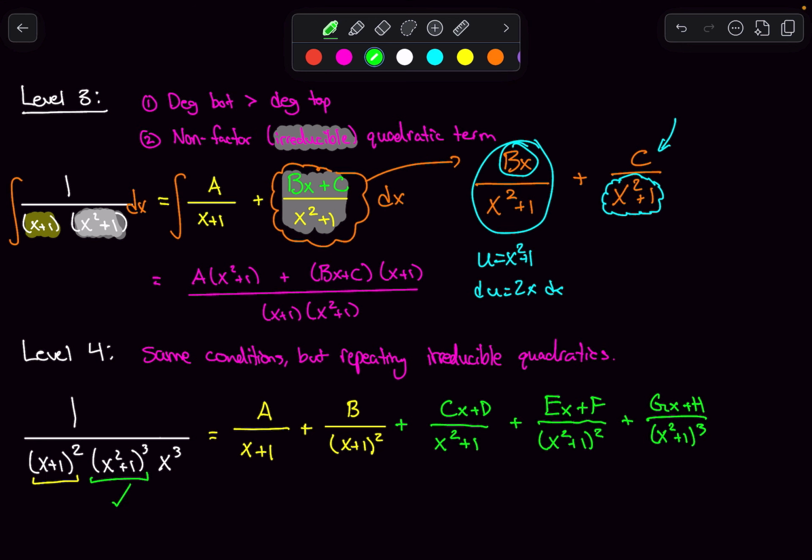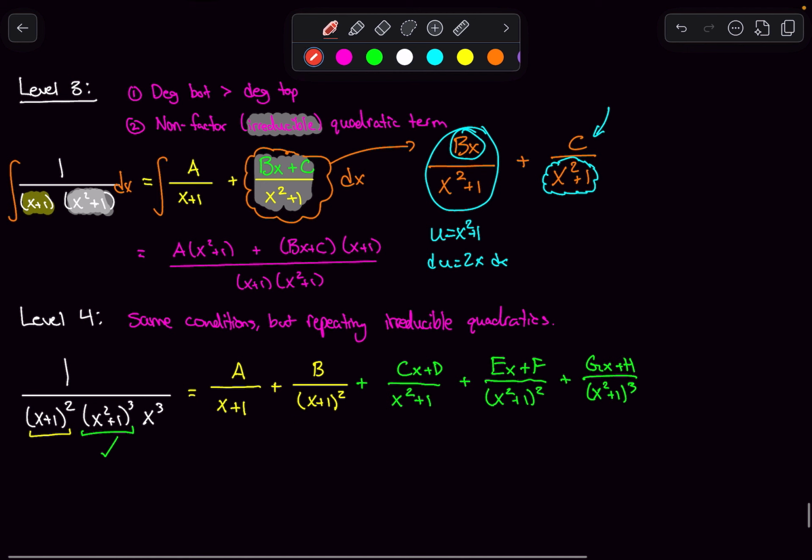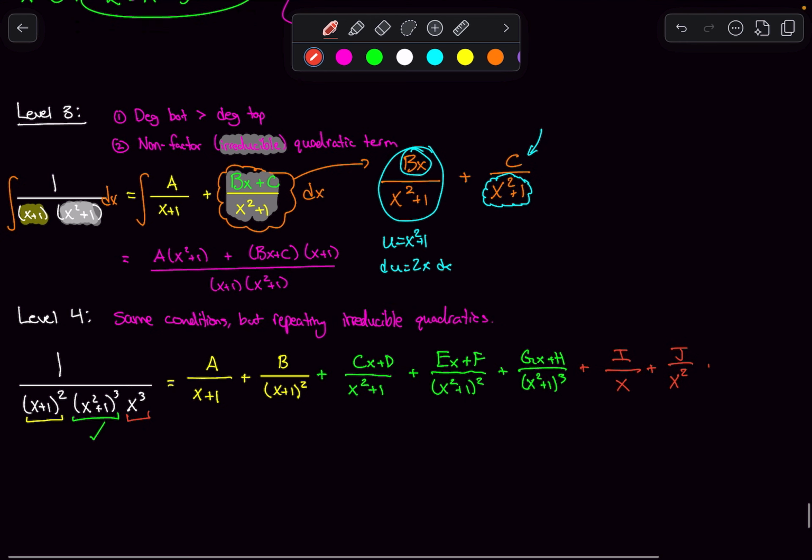Now we've satisfied that one as well. And then we have our last linear term here at the end, this x cubed, which is going to be, what letter comes next? I guess i over x plus j over x squared, ooh, gotta zoom out even more, plus k over x cubed. And yes, you would have to go through this.